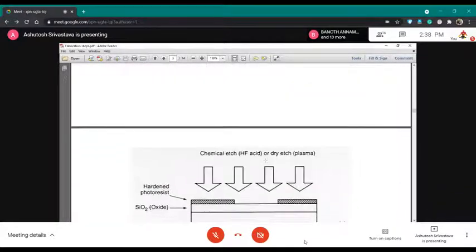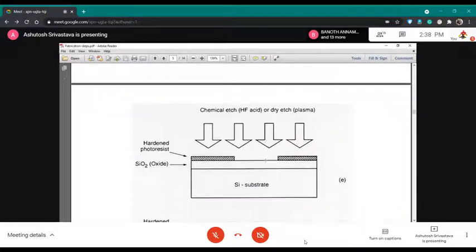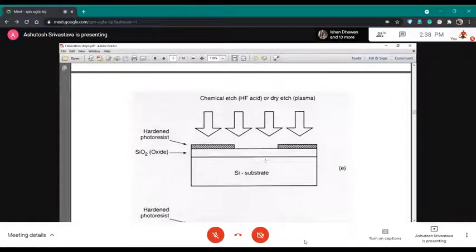After this, there is the other step, which is etching. In English, it is just removing, by using a combination of hydrofluoric acid or by using a plasma technique.